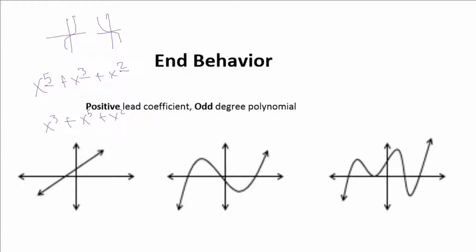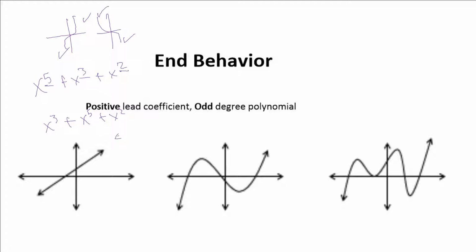When it's written in standard form, the leading coefficient is going to determine whether the function will have ends in either quadrants 1 and 3, or in quadrants 2 and 4. Whenever the leading coefficient is positive, it affects the graph similar to what would happen with the slope of a line.